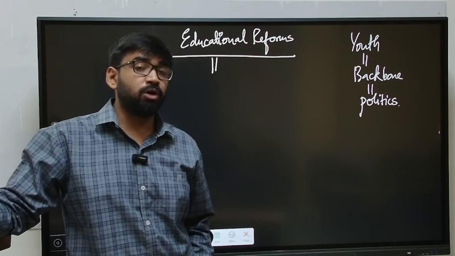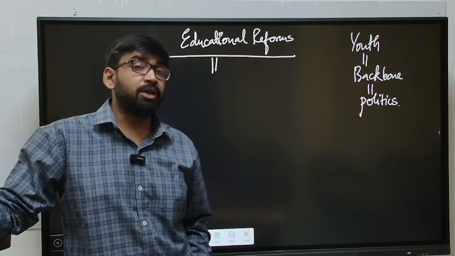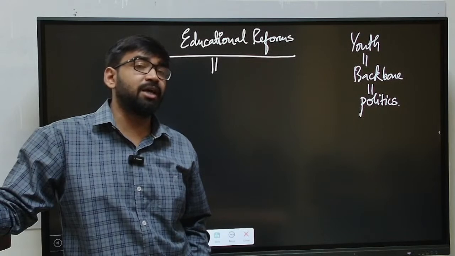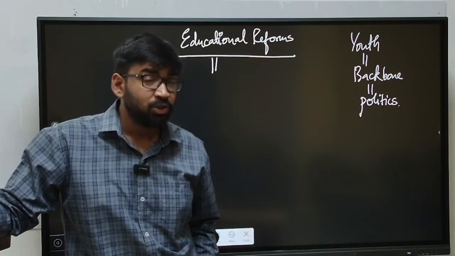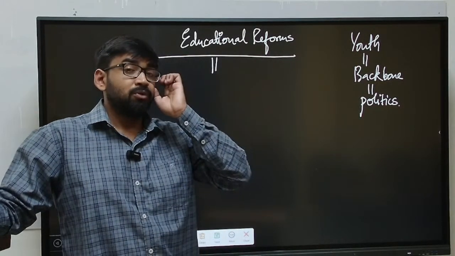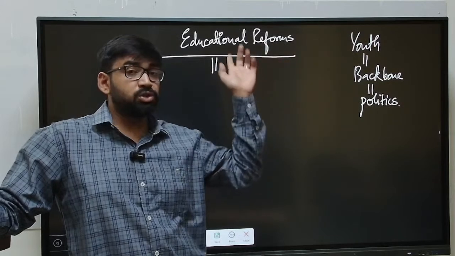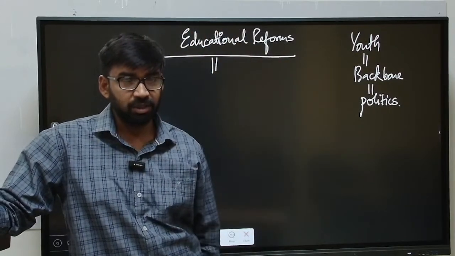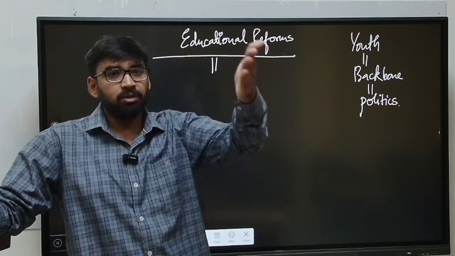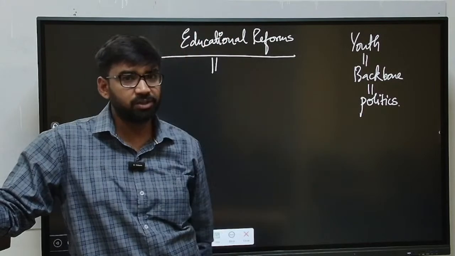Now, during the time period of Lord Curzon, there was a rising trend of nationalism, and youth also started taking part in nationalistic activities. Now Curzon will try to keep youth away from nationalistic activities. He will try to curb the participation of youth in nationalistic activities.